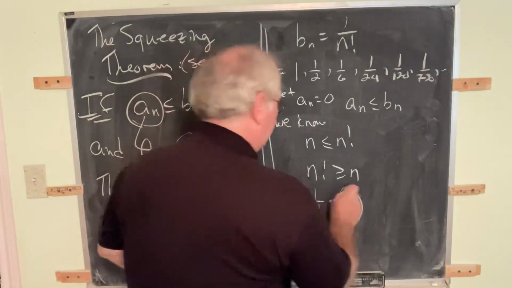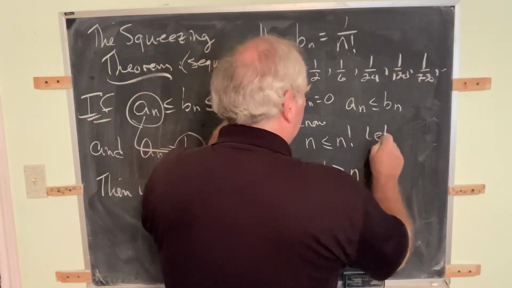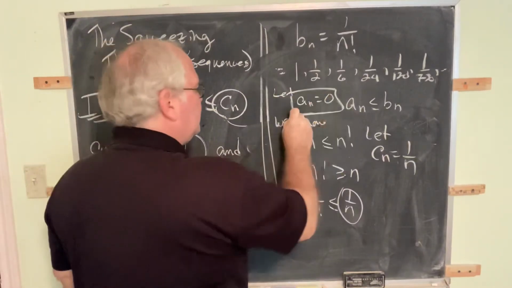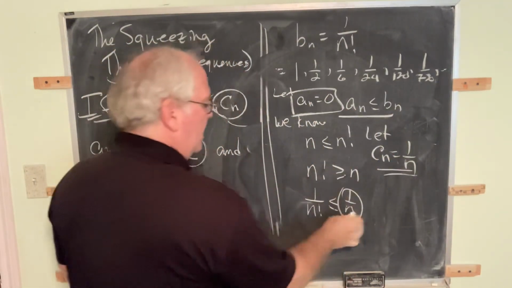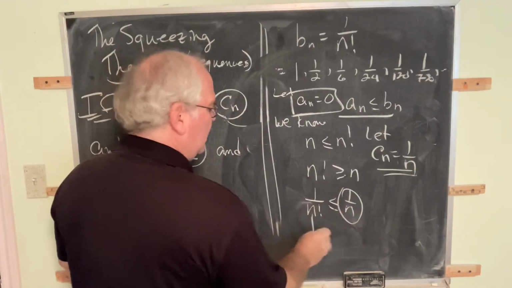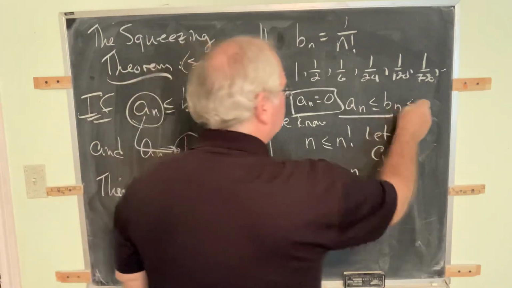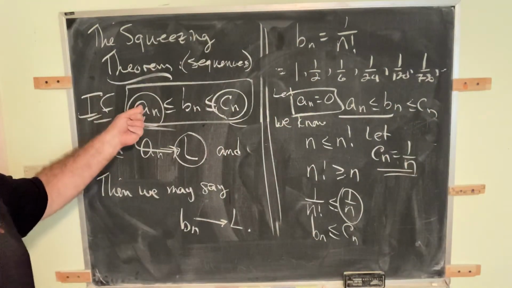I'm going to choose this to be sequence C. So if an is 0, we have this. If cn is 1 over n, then bn is less than or equal to cn. So I have established that requirement.